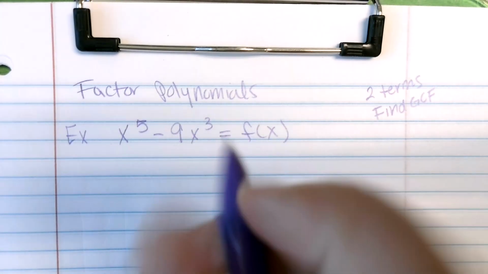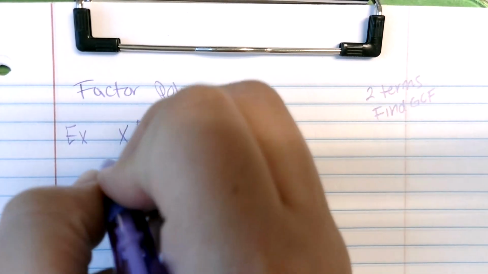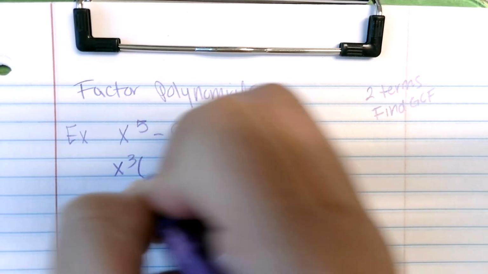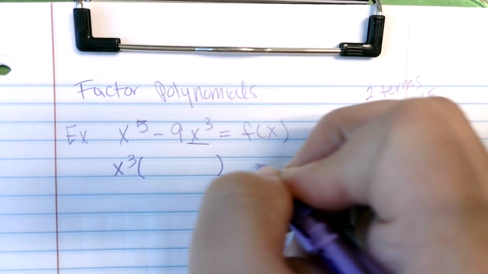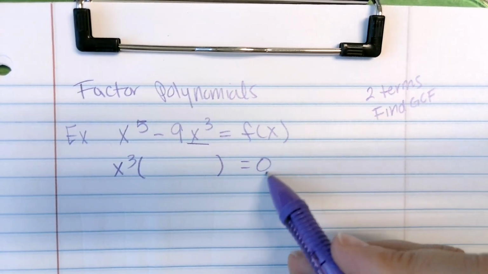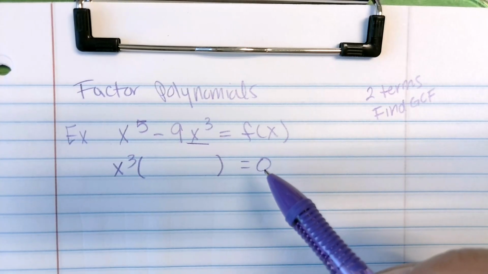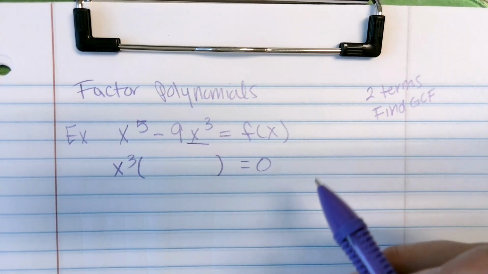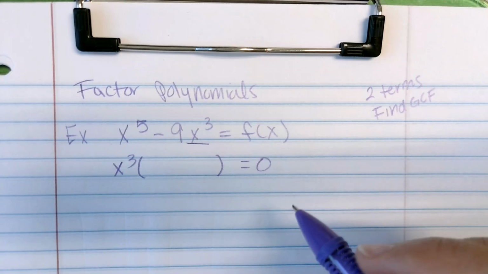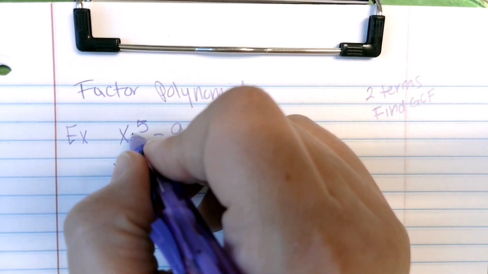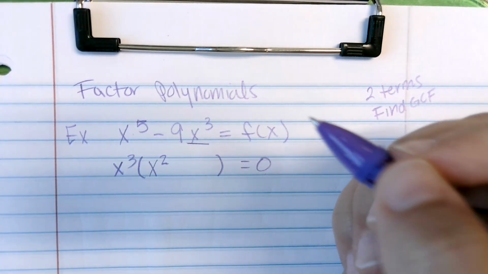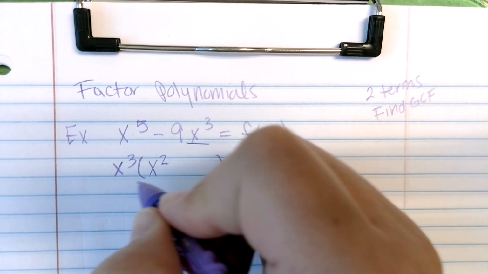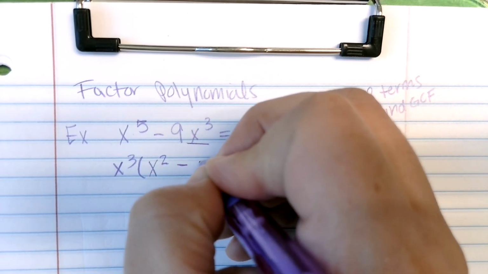So we're going to pull out the smallest power, which is x cubed. So we're going to put it outside of our parentheses. I can replace the f of x with a 0 because I'm going to start to solve. That's what my zero factor theorem says. Left inside we have 2 x's, x squared, and then we took the x cubed out, so the only thing remaining is the 9.